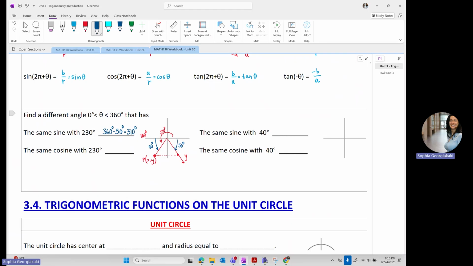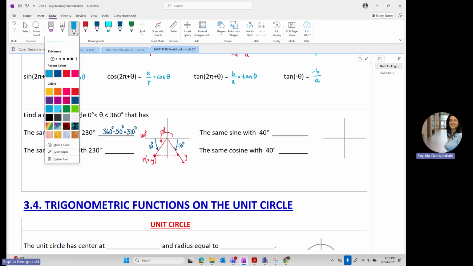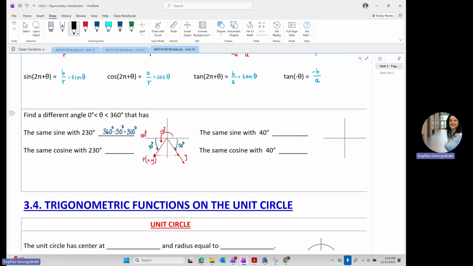Now, to find the angle that has the same cosine, I need an angle that has the same x. To have the same x, I need to be in quadrant 2, so I have to be symmetric about the x-axis. So these guys have the same x. They also have the same reference angle, 50 degrees as well.